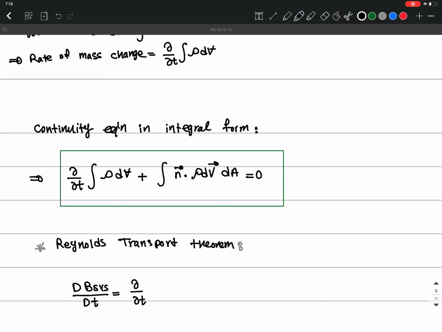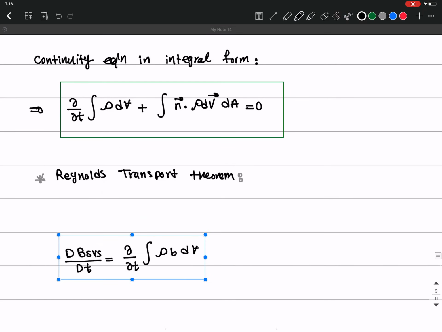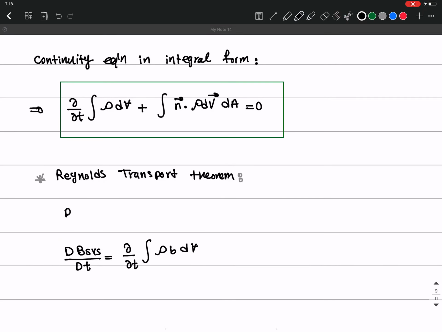t of the integral of rho b dV. So let me, before that, define what is B. So B system is defined as mass times small b, and B system is called an extensive parameter.